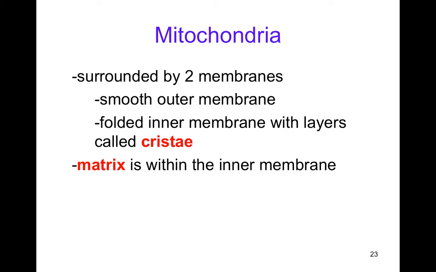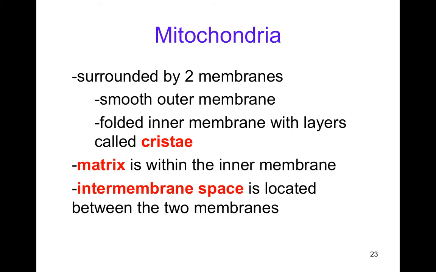And then the space within the inner membrane is called the matrix. And then the inner membrane space is located between the two membranes. I'll show you a picture. Just make sure to write this down. They also, kind of unique, contain their own DNA. It's a unique set of DNA compared to the rest of the cell.